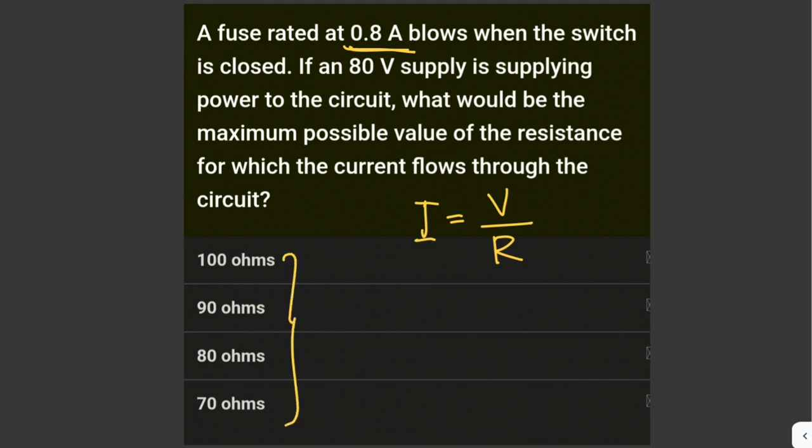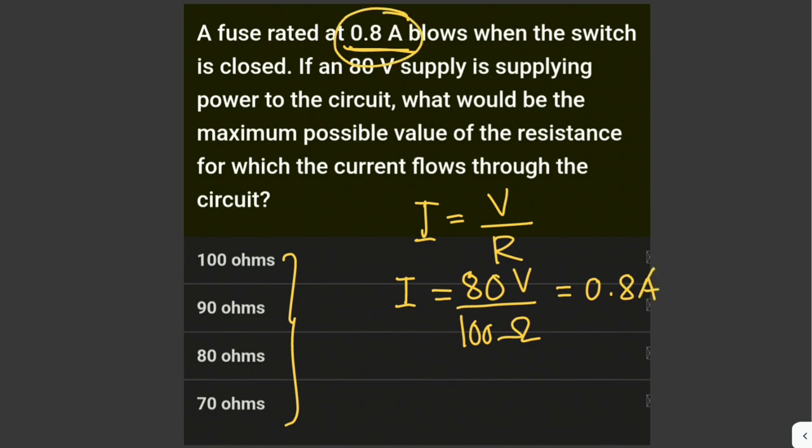The first option is the voltage, 80 volts, divided by 100 ohms. This will give us 0.8 ampere, which is exactly equal to the rated current, and the current will flow through the circuit.